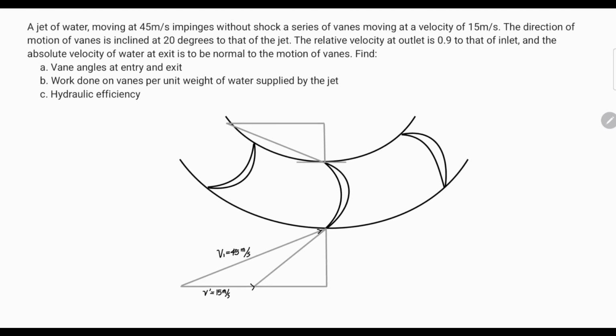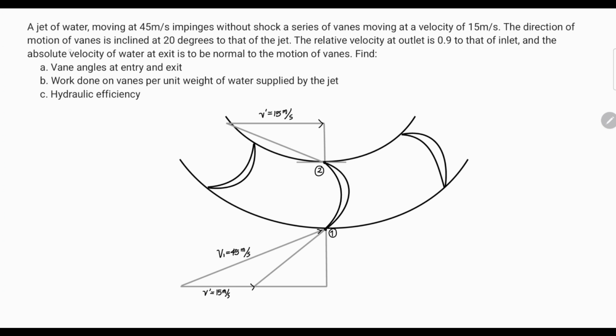Since no other velocity was given, we will assume that V prime at point 2 is also equal to V prime at point 1. This is point 1 and this is point 2. So the V prime here, which is this line, is also 15 meters per second.